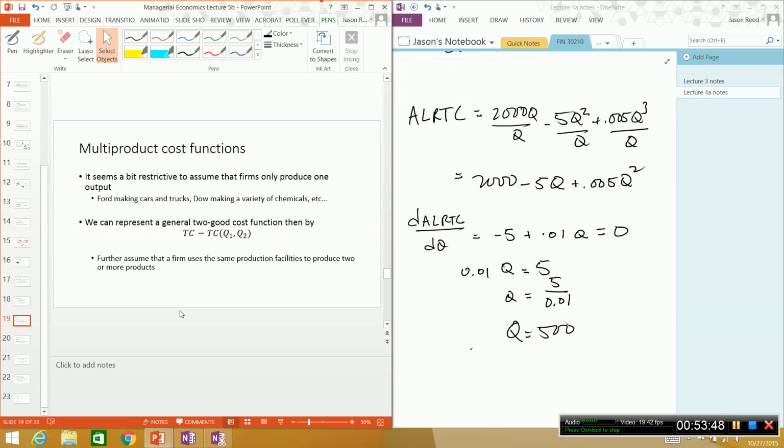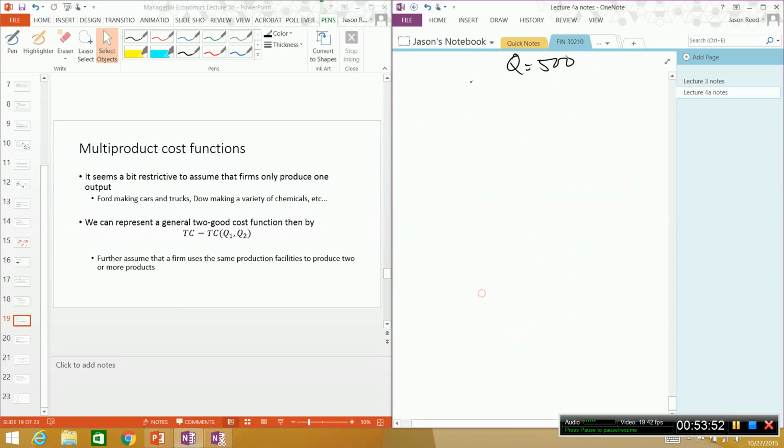So the next bit that we want to talk about is essentially looking at different levels of output or different combinations of output. So what we have here is something called a multi-product cost function. And it seems only natural to allow a firm to produce goods Q1 and Q2. This is like having Ford making cars and trucks, Dow Chemicals making different chemicals in their plant, or Kellogg making different cereals.